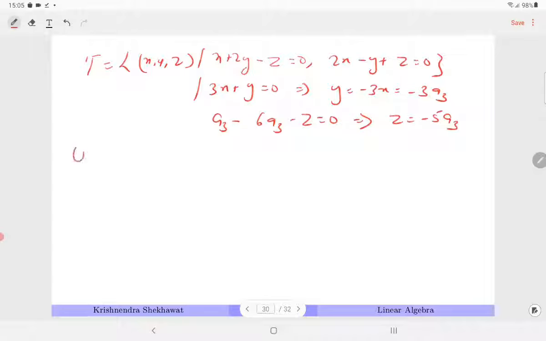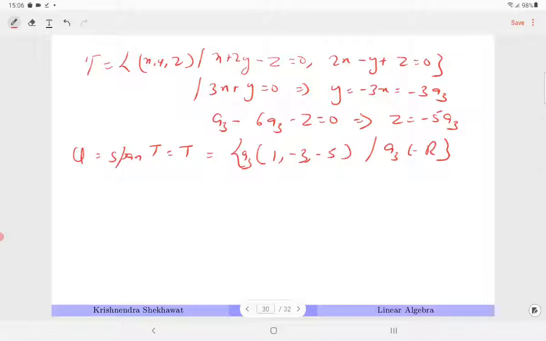Now Q is equal to span T, and T itself is a subspace, please do verify by yourself. So T looks like a3 times (1, minus 3, minus 5), where a3 belongs to R, because x is equal to a3, so 1 is there, y is equal to minus 3a3, and z is equal to minus 5a3.